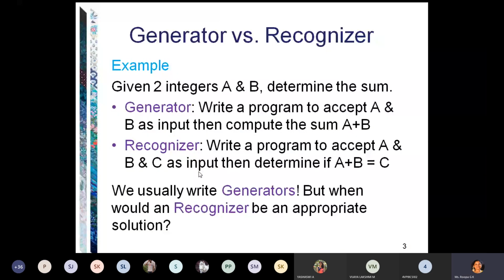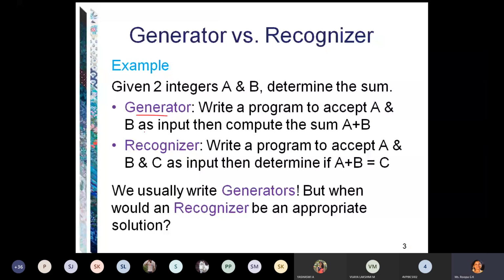You are given two integers a and b. Then determine the sum. Generator means write a program to accept a and b as input and then compute the sum a plus b.